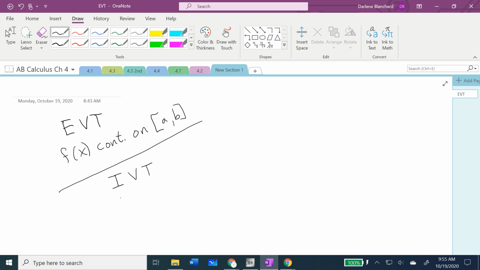Intermediate value theorem required also for f of x to be continuous on the closed interval from a to b. And do you remember a little bit of what intermediate value theorem said?